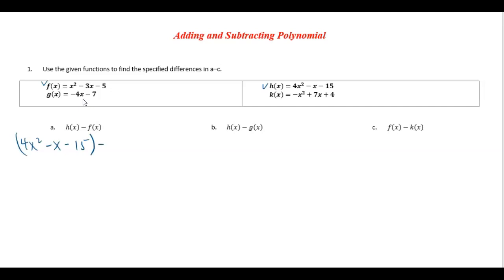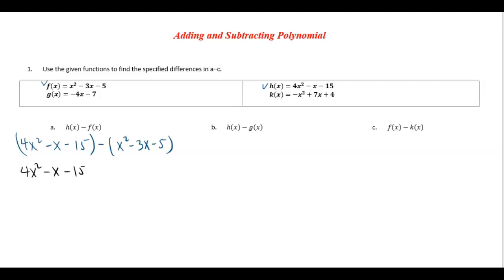Minus x squared minus 3x minus 5. That's my f of x. Okay, so now once I set it up that way, I want to rewrite it without the parentheses. So I'm going to have 4x squared minus x minus 15.